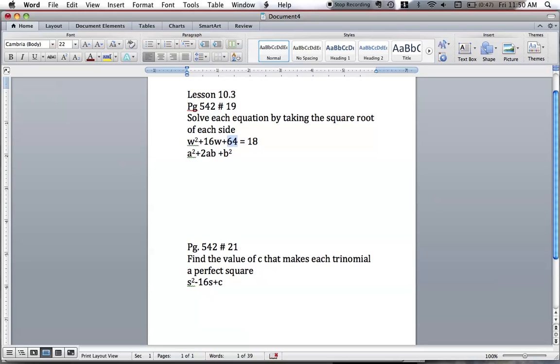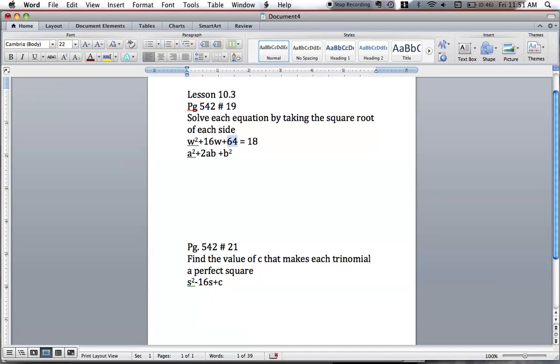So if we take the square root of those 2 terms, the square root of w squared is w, that's our a, and the square root of 64 is 8, that's our b. We multiply our a and b together and multiply that product by 2.